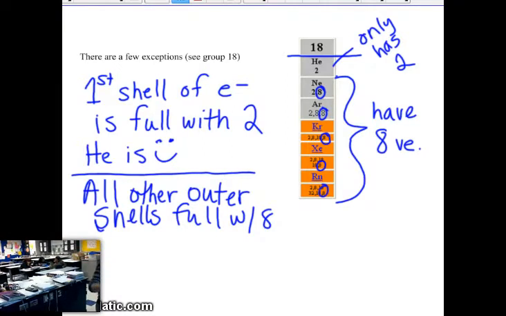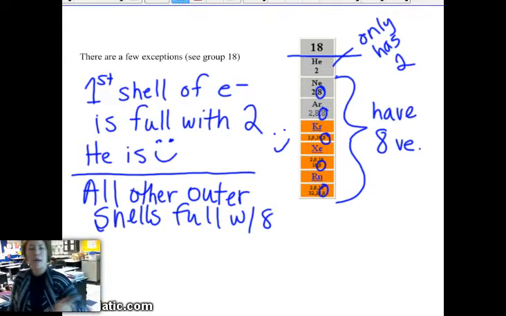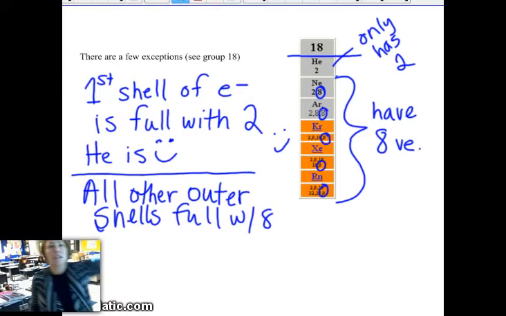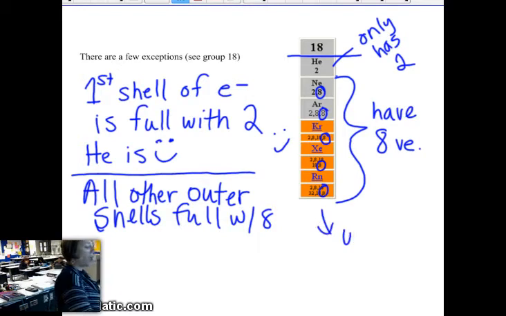Neon, argon, krypton, xenon, and radon, they're all happy. These guys are all happy too. And the whole point of making compounds and bonding is to complete your outer shell. So since helium has 2 and has a full outer shell, and neon, argon, krypton, xenon, radon have 8 and have full outer shells, these are all happy, they're all unreactive, and they don't make bonds.